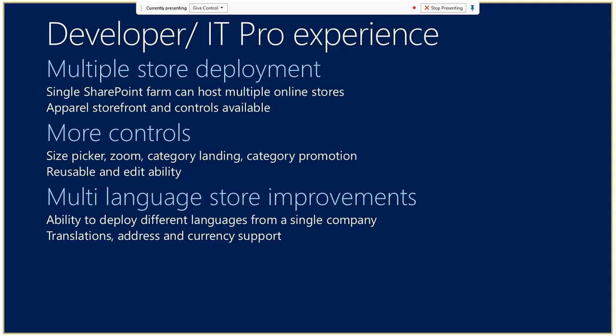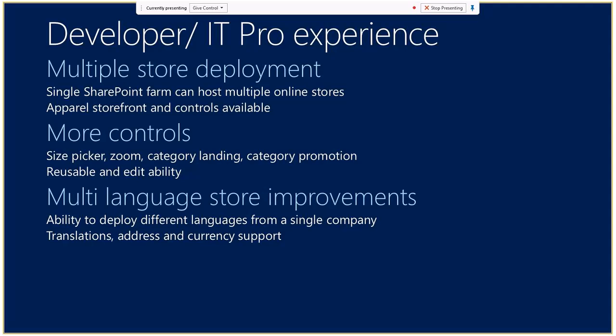We have made investments along the way to host multi-language storefronts. The ability to deploy different languages from a single company into a single SharePoint farm is something that we have focused on. We've also added the ability to translate everything in AX and then bring it down into the online store.